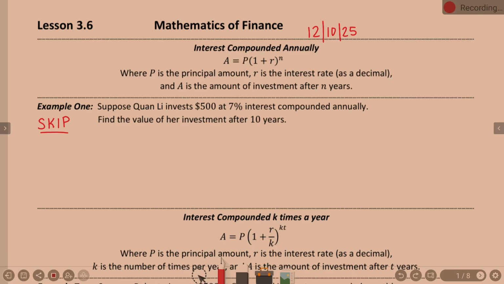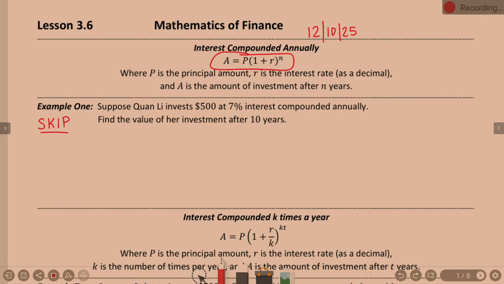Now, the basic formula for interest compounded annually, okay? A, which is the amount that's going to be in the account, equals P, which stands for the principal, so that's your amount you're starting with, right?